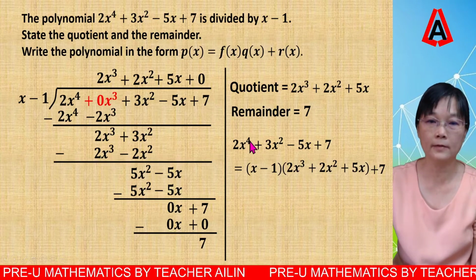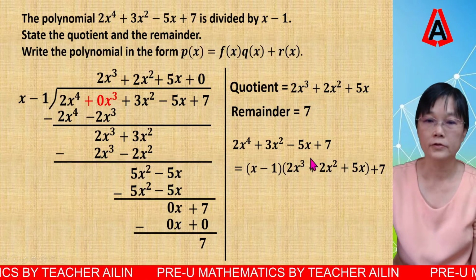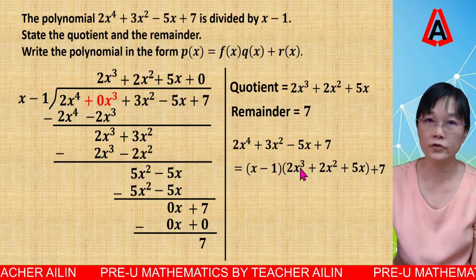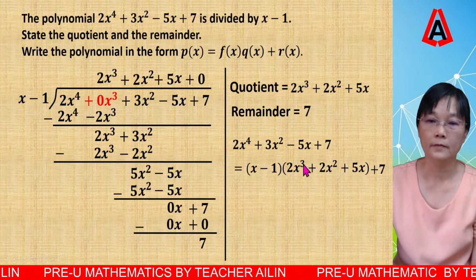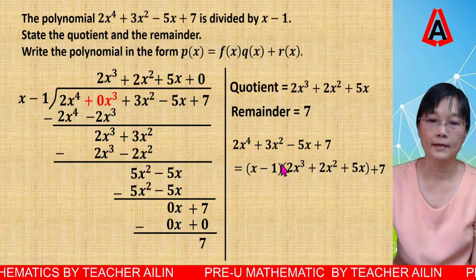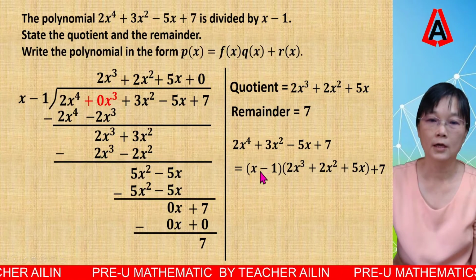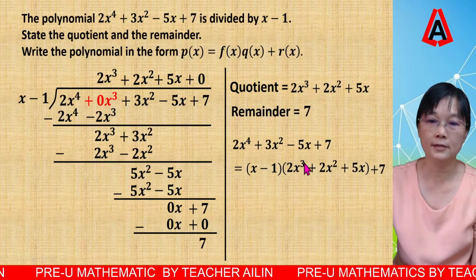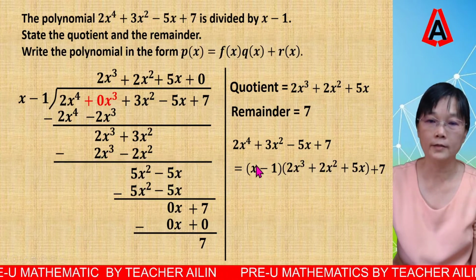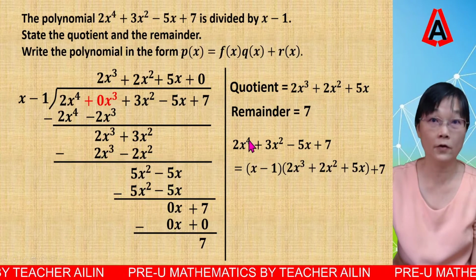So since the polynomial's highest power is 4, the quotient's highest power becomes 3, that is 4 minus 1. Then the sum of the highest powers of the quotient and the divisor, 3 plus 1, is 4, the same as the highest power of the polynomial.